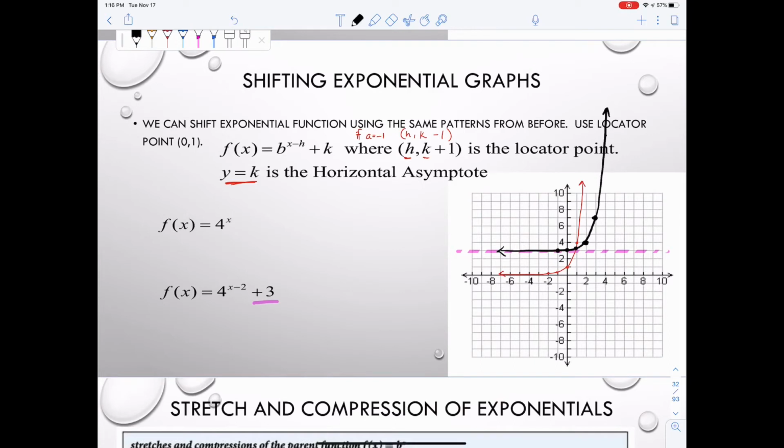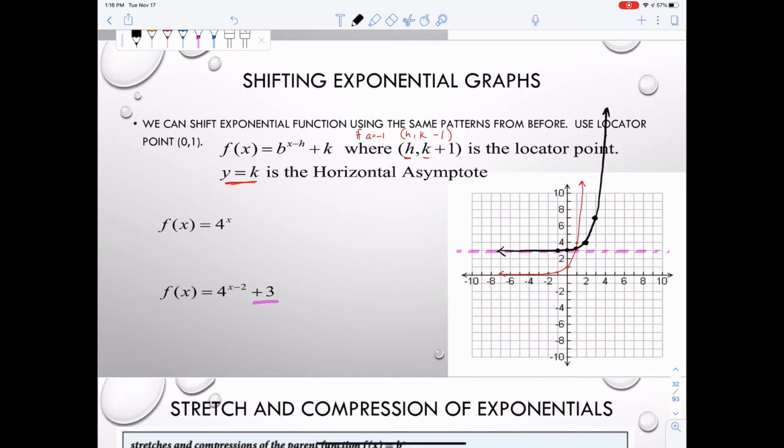At that stage, you're going to be better off creating an XY table, whether you do it by hand, whether you do it in the graphing calculator, and plotting points that way, right? Main reason, it's going to be more accurate. There are going to be so many moving pieces happening all at once, and graph shifting can be challenging enough as is with the exponential and also with log functions.